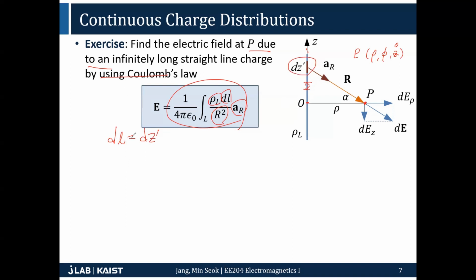This part is kind of important: we use primed coordinates for source position. This is kind of my convention. In order to describe source position, I use primed coordinates, and in order to describe the position of interest, I use unprimed coordinates.